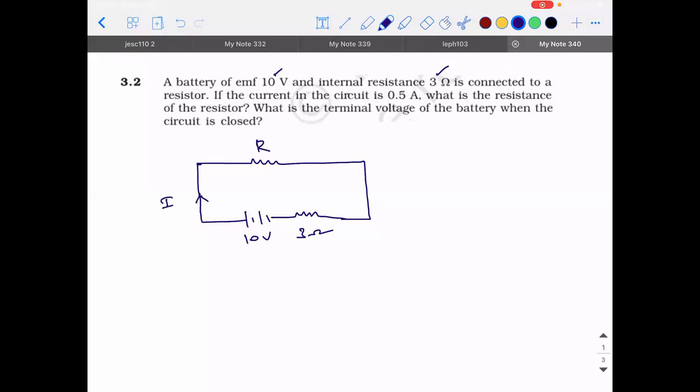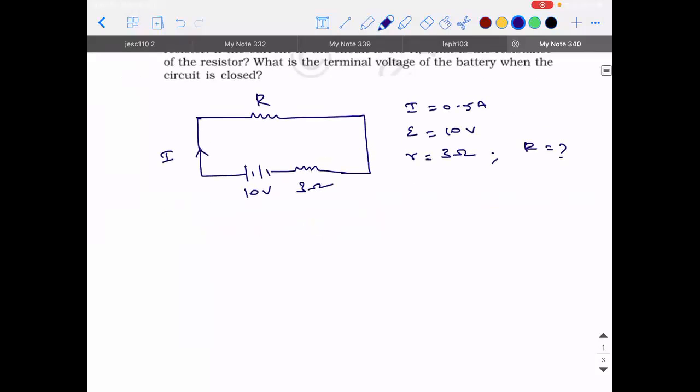Let's say the current in the circuit is I. So I is given as 0.5 ampere, E is given as 10 volt, small r is 3 ohm, and capital R is what we need to find. So how to proceed, guys?